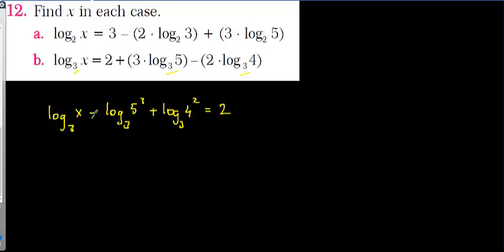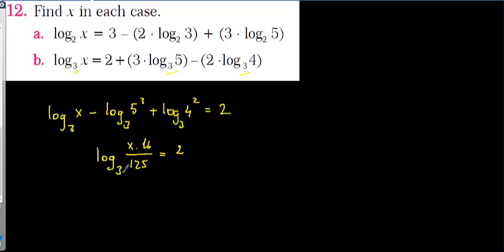The sign is minus in front of the logarithm and we don't have any coefficients, so I'm going to do addition and subtraction inside the logarithm. Addition acts as multiplication: x times 4 squared, which is 16, over 5 cubed, which is 125, is equal to 2.